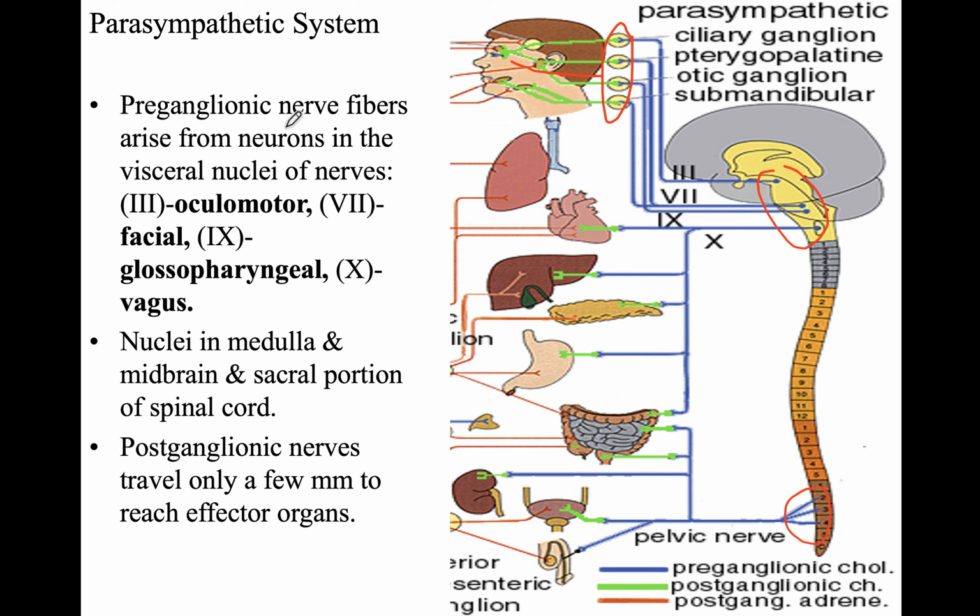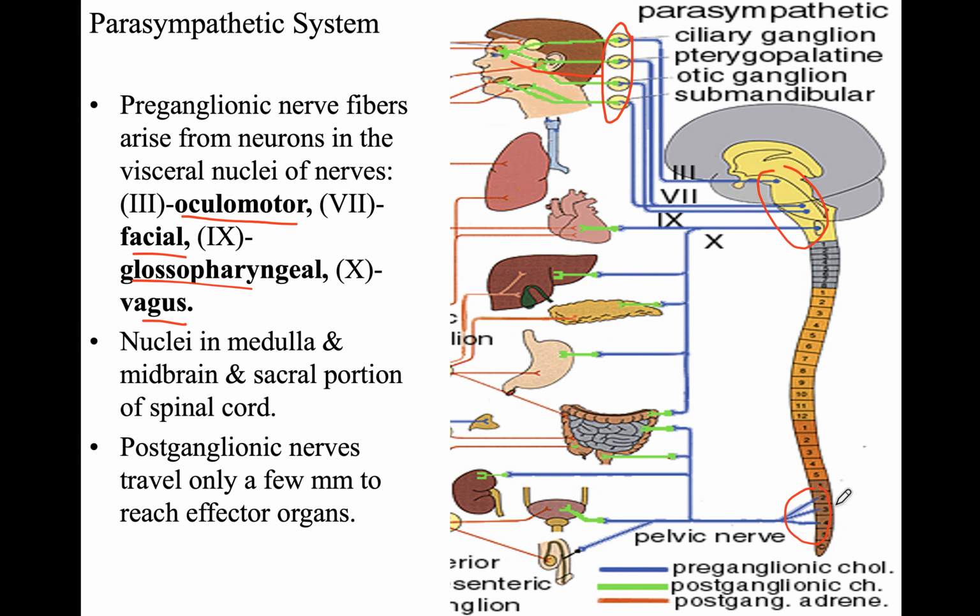Usually the neuronal cell body of the first neuron is found in the area of the oculomotor, facial, glossopharyngeal, and vagus. All of these nerves are part of the cranial nerves.